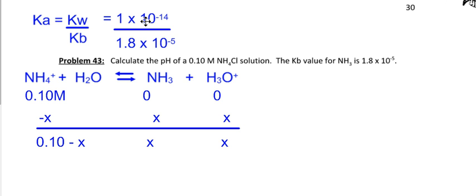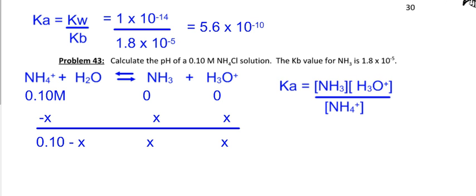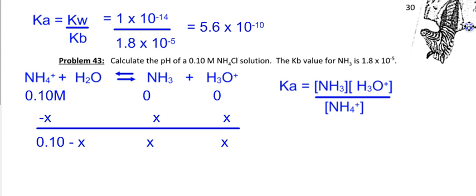Again, we're assuming this is at 25 degrees Celsius. Kb is what they just gave me. And so here is my Ka value. So now, please don't be lazy. You need to go ahead and figure out what the Ka value is. Write everything out and don't be lazy.